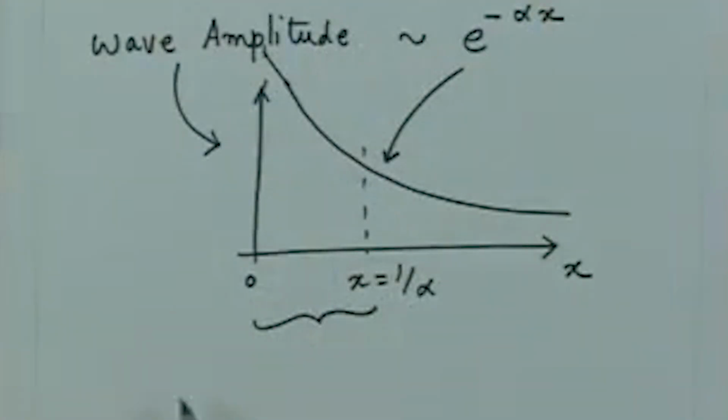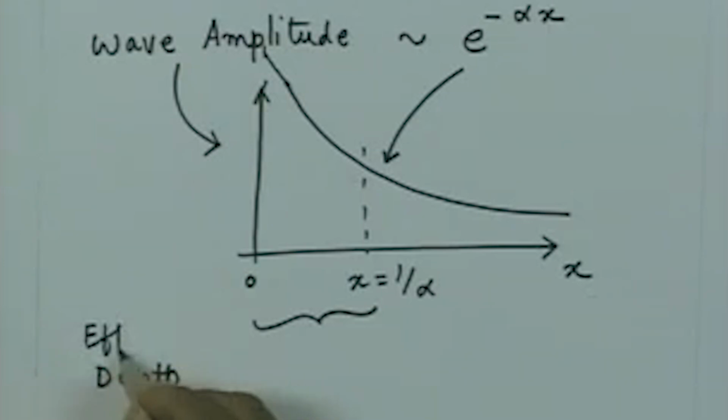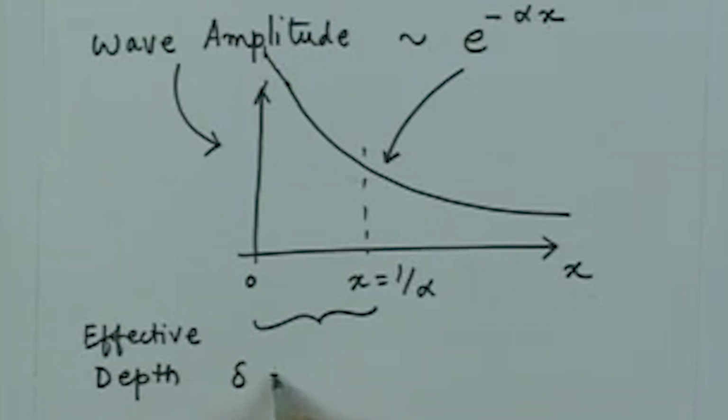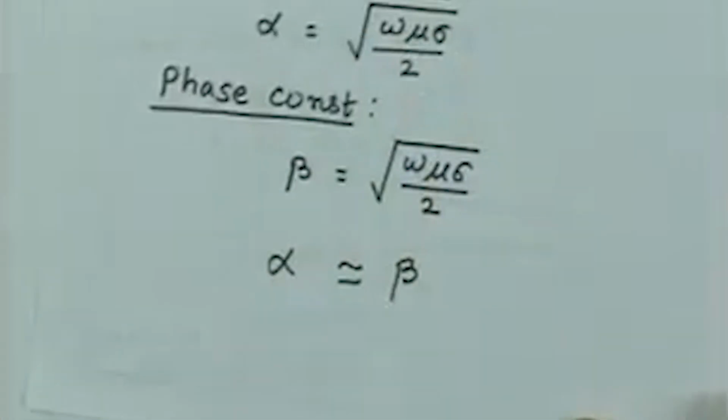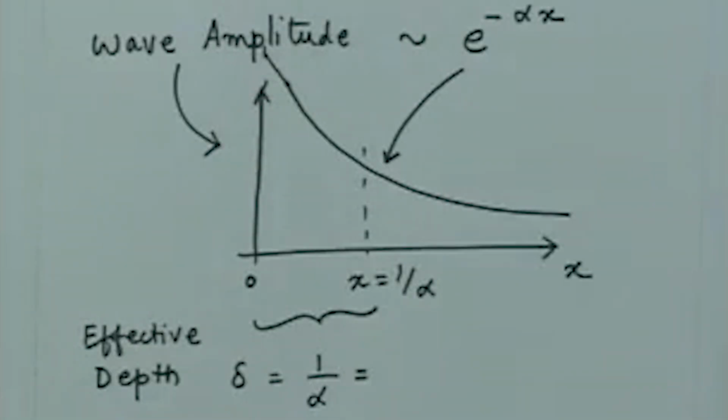So, if I write for this alpha over this depth, whatever this quantity is, let us call that quantity delta. So, I have here the effective depth, let me call that quantity delta, which is 1 over alpha. If I substitute for the value of alpha from here, that will be square root of 2 upon omega mu into sigma.